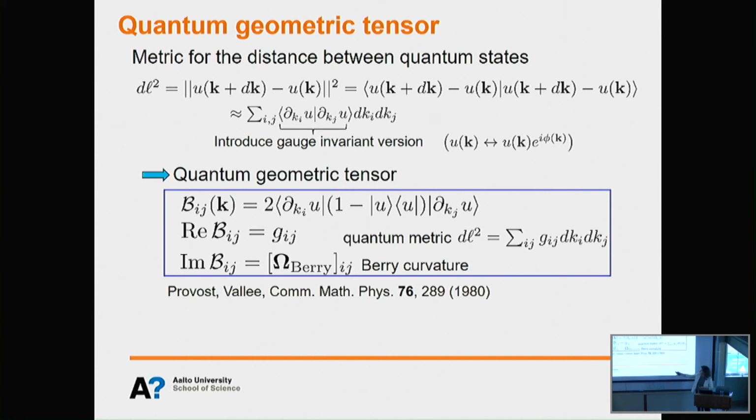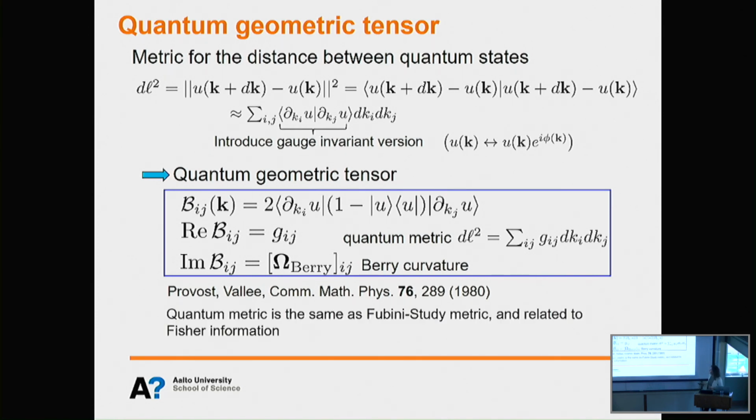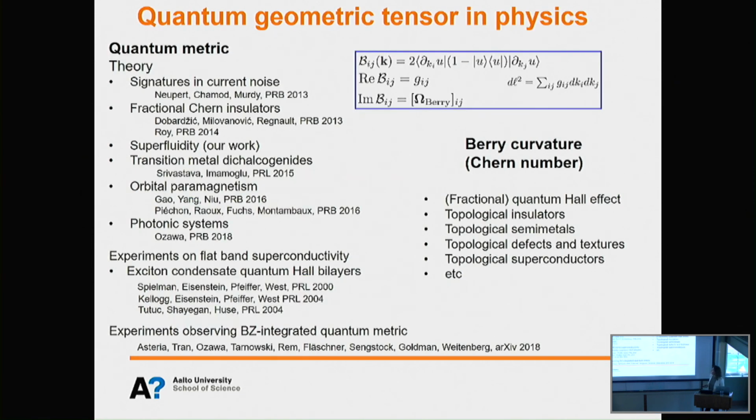And the imaginary part is the Berry curvature. So there was a connection between these things in this object. This quantum metric in some other communities is called the Fubini-Study metric, and it's also related to Fisher information. It's not exactly the same, but related.